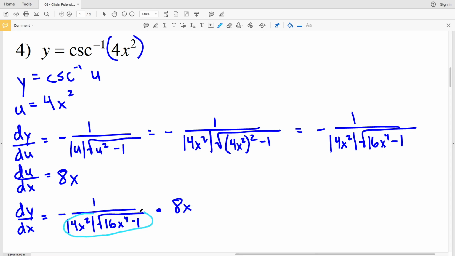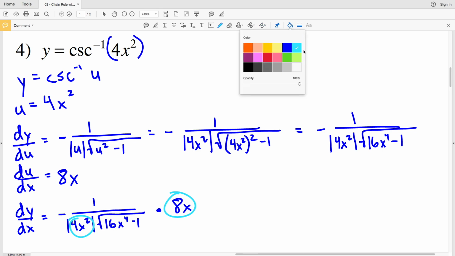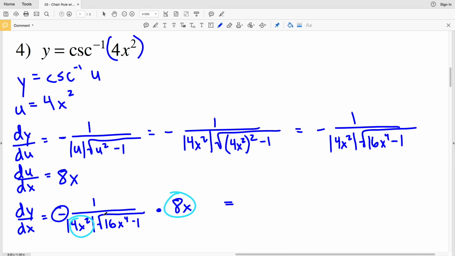Now we know that this 8x is getting multiplied to the negative 1 in the numerator. However, because that entire denominator is multiplied by 4x squared, we can simplify because 4x squared and 8x have a common term, and that is 4x. So if I divide 8x by 4x, I'll get a positive 2, and I'm multiplying that positive 2 by a negative.